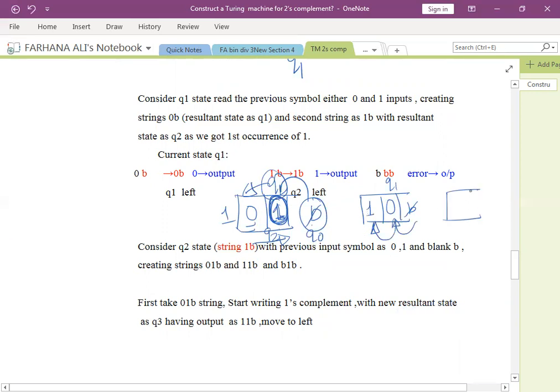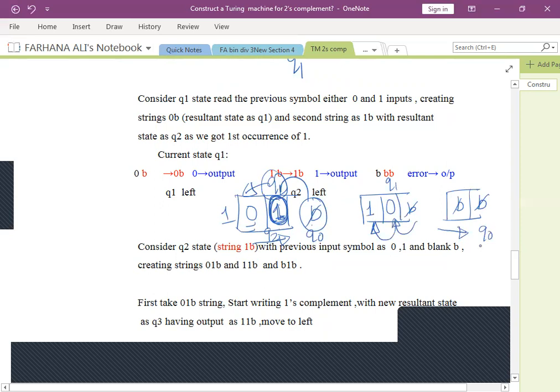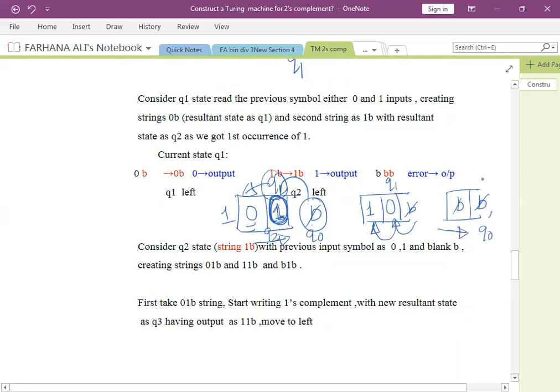Now, we have bypassed all the input symbols and we are in the Q0 state. Q0 with blank means Q1, and we are moving towards the left hand side. We should have some string, because that string we bypassed in order to reach the end of the string. But by some error or mistake, some bits have been changed.